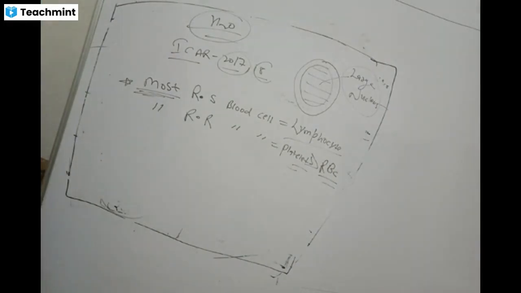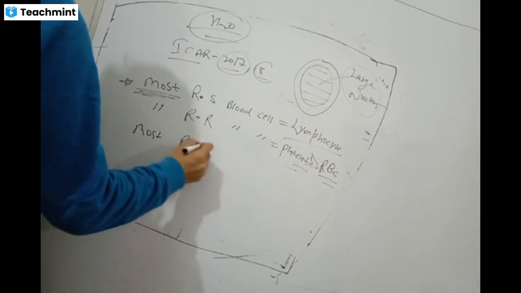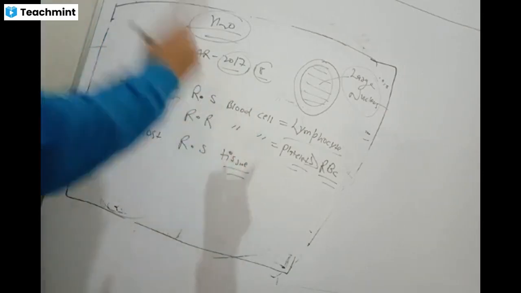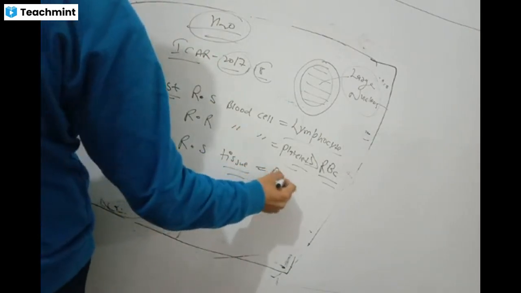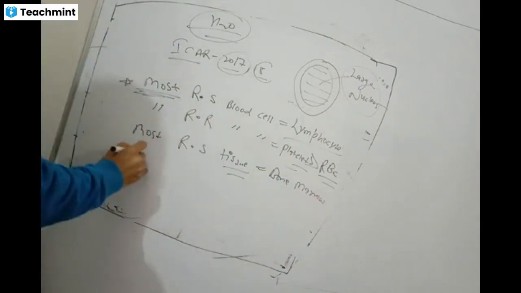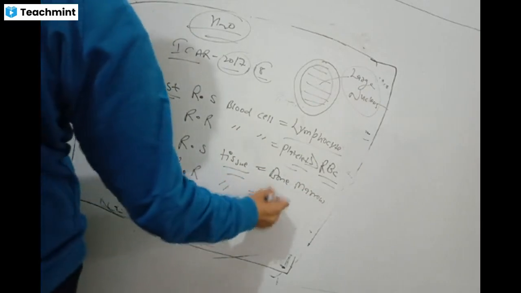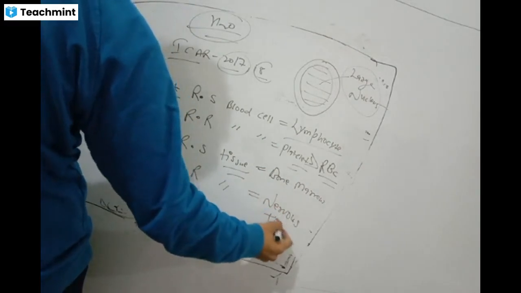Then these were the cells. If they ask the most radiosensitive tissue, not cell, tissue, then your answer will be bone marrow. If they ask the most radioresistant tissue, the answer will be brain, your nervous tissue.